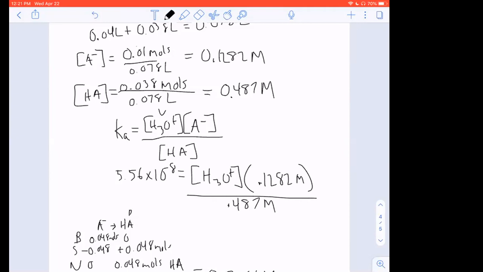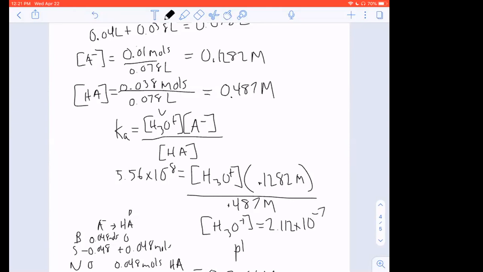Solving for this in your calculator, that should give you an H3O plus concentration of, I believe, 2.112 times 10 to the minus 7.